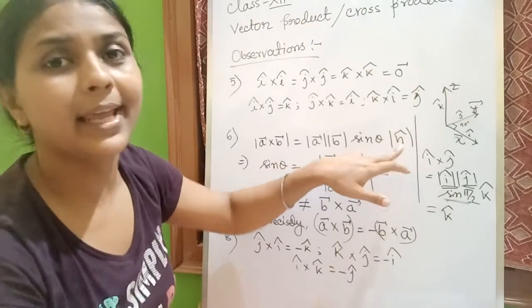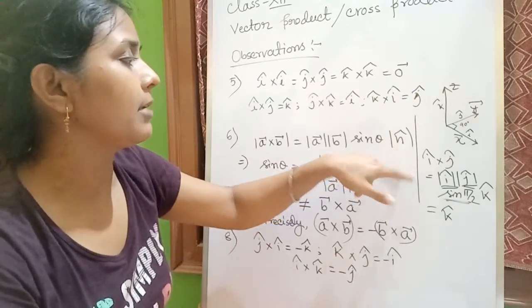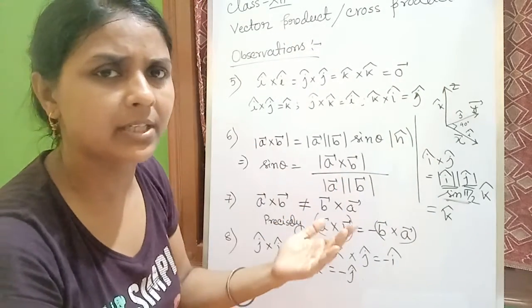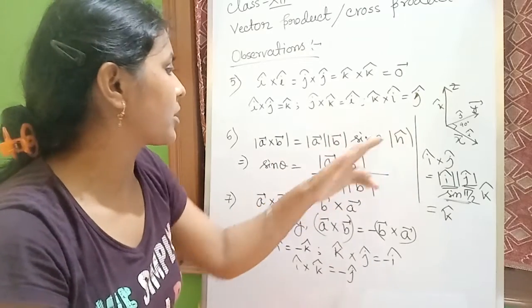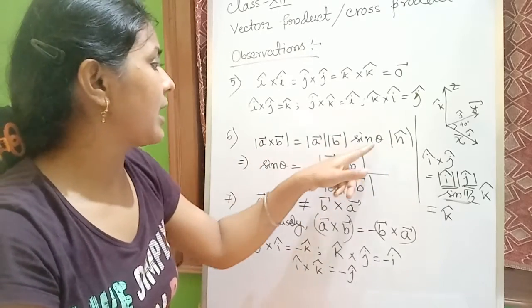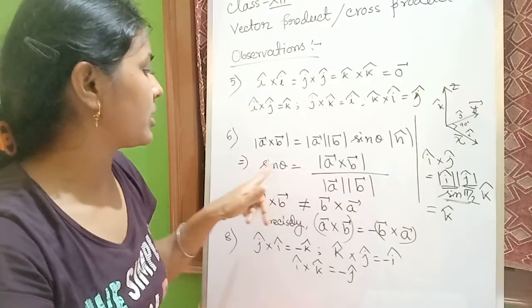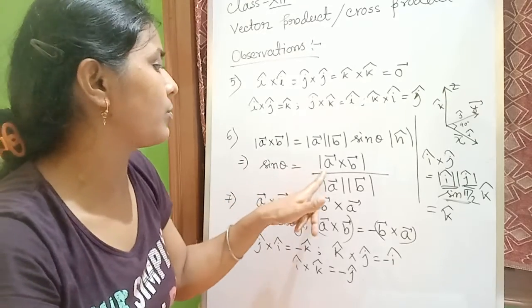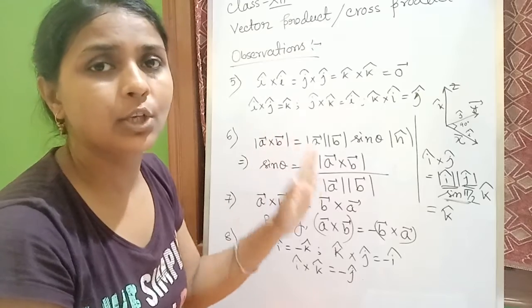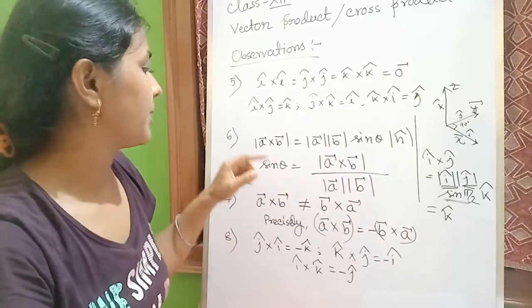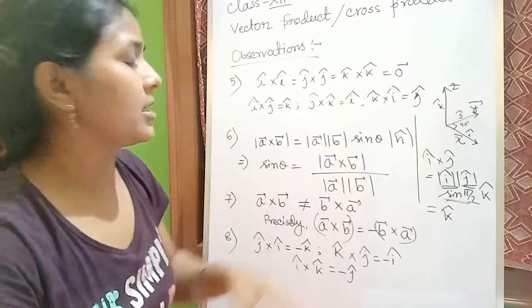Then mod n cap will give you 1 because it is a unit vector's modulus, so there is no importance for writing it. Then we get the equation sine theta equals modulus of a cross b divided by mod of a vector into mod of b vector. Okay, so this is the sine theta formula.